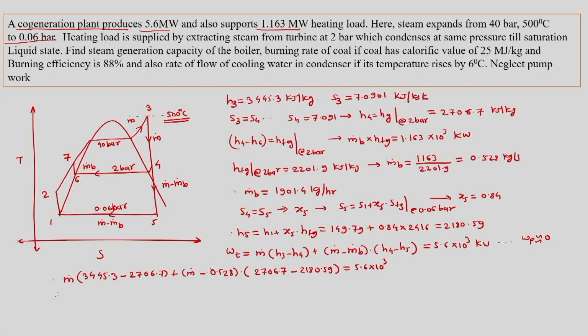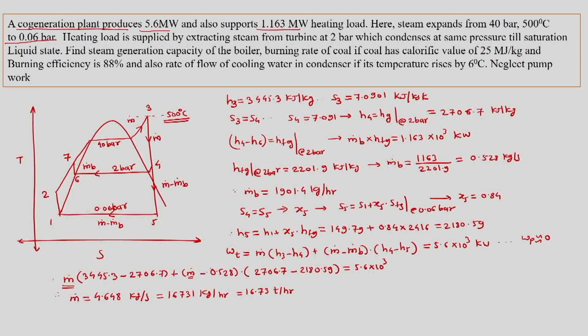In this equation, only unknown is mass flow rate, which is the total mass flow rate of the steam, or mass flow rate of the steam generated in the boiler. So we can get from here m dot, and m dot comes out to be 4.648 kg per second, which is equal to 16731 kg per hour, which is equal to 16.73 tons per hour.